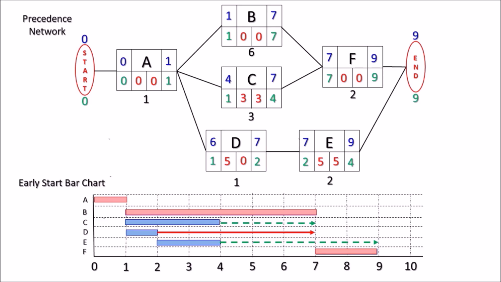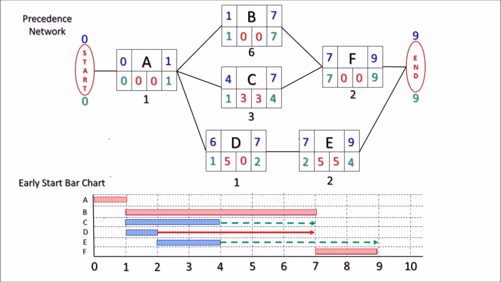Now, in the example we did in the exercises before, as soon as we had the durations on the network, the timing information appeared and the bar chart became evident. In other words, our time view became evident.